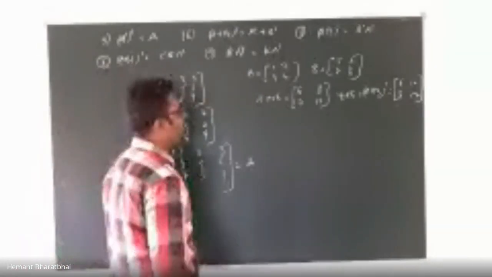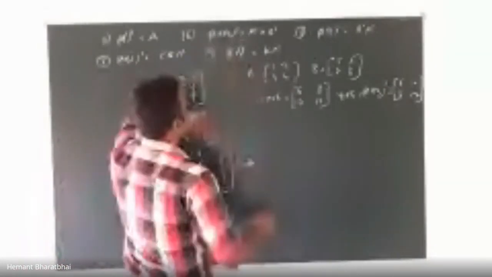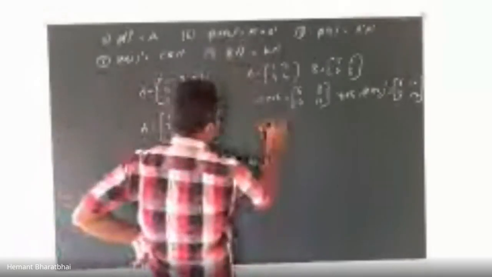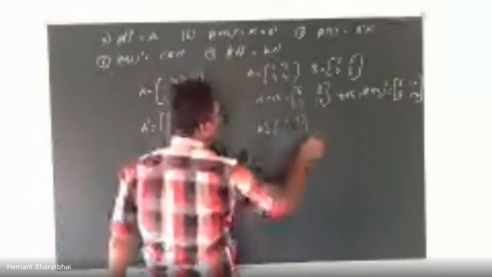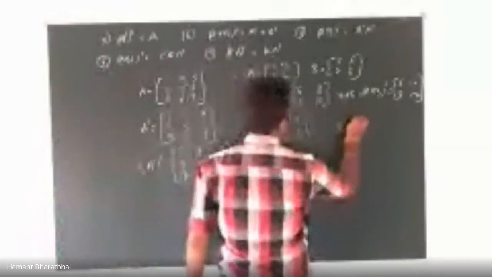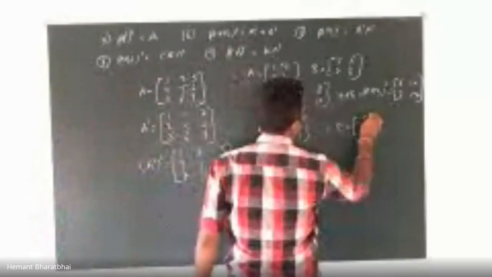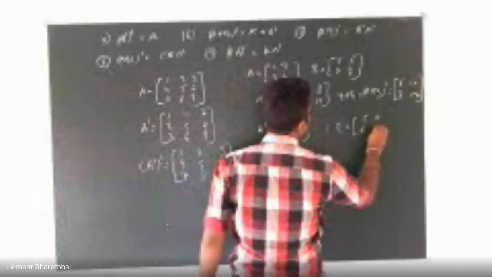Now let's take the RHS. First I will have to find A transpose. So A transpose will become 1, 2, 3 and 4. And my B transpose will be 5, 6, 7 and 8. Rows become columns and columns become rows. Now let's add. So my RHS is A transpose plus B transpose.